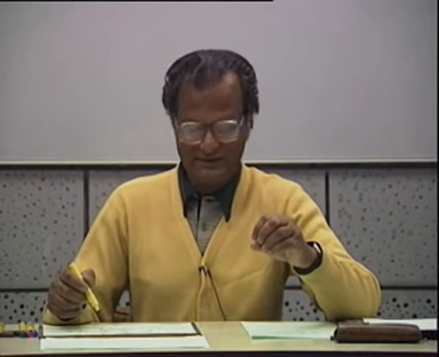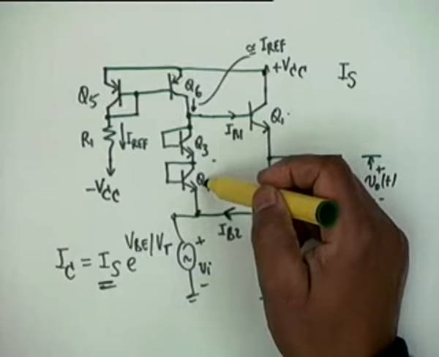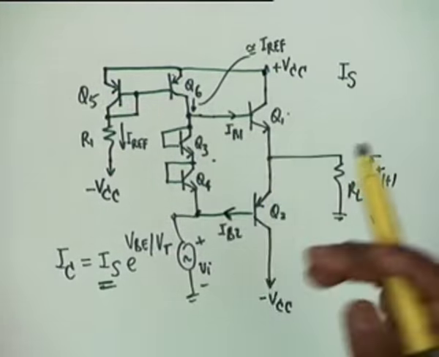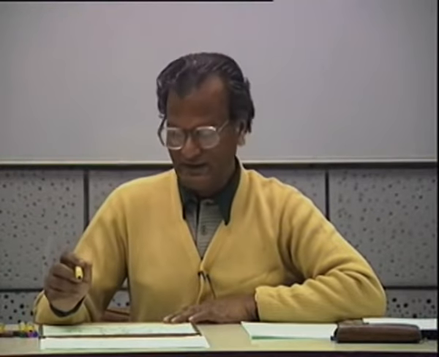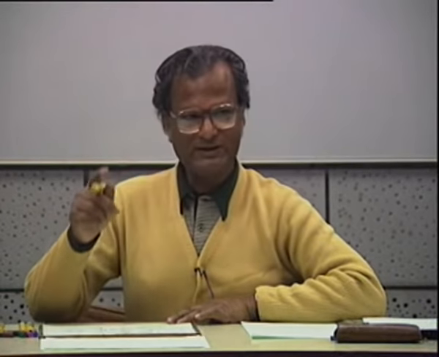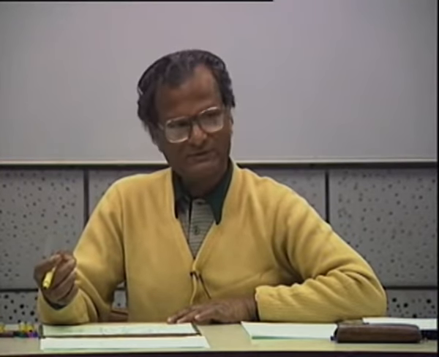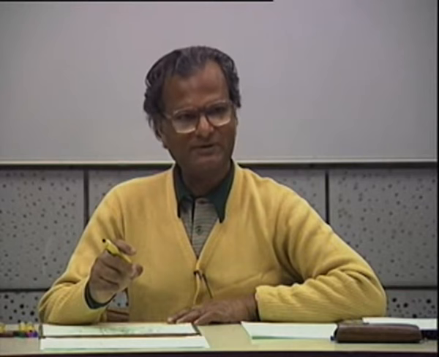Going back to that question, why should one have less junction area in Q3, Q4? Why not make them identical? That will unnecessarily increase the cost of the chip, because the cost of an integrated circuit is determined by the number of steps, the time taken by steps, but primarily by the area of silicon that you have been using.